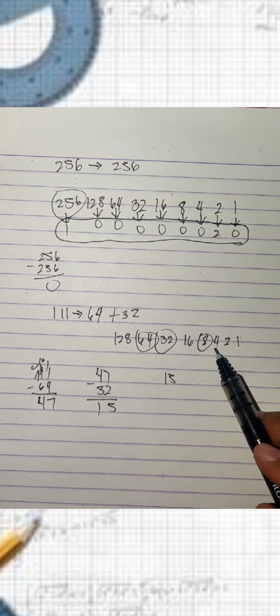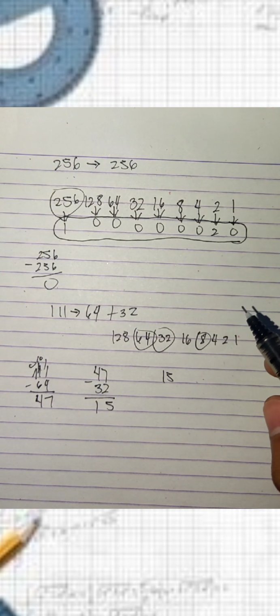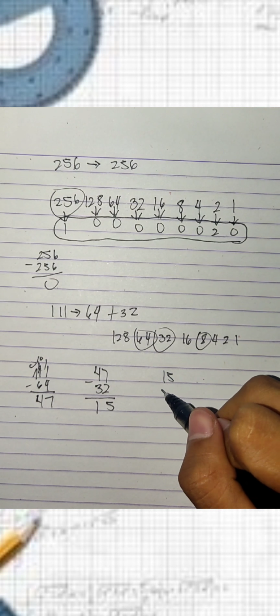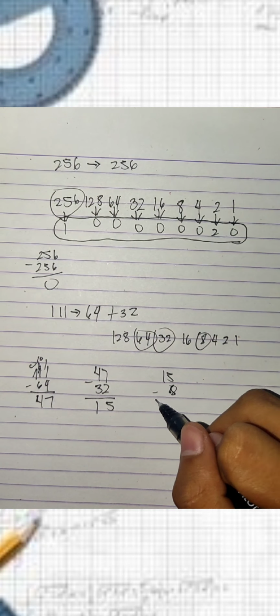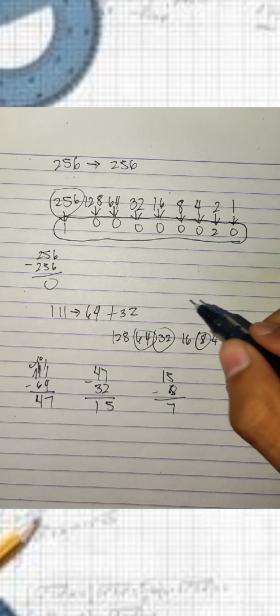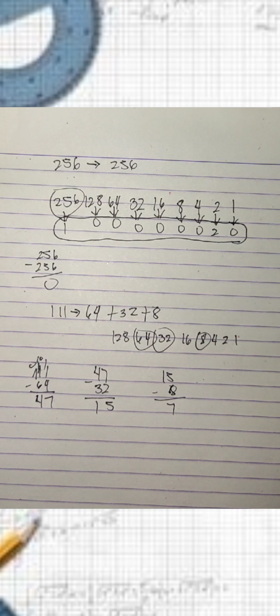Kailangan natin maglagay ng table para hindi tayo malito. So 8, 15 minus 8 is equals to 7. So lalagay na natin yung 8 dito, hanggang sa maging 0 siya.